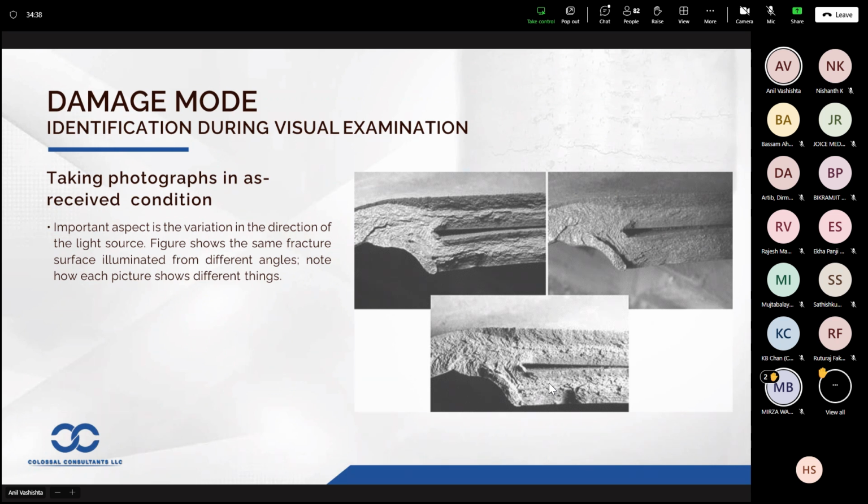These are three photographs of the same fracture surface at different angles of illumination, so you can see different features at different angles. When you do the initial visual examination, you have to capture these so that whenever you are doing further investigation, you go through these features, because one photograph might show a certain feature which is not evident in the other photograph.